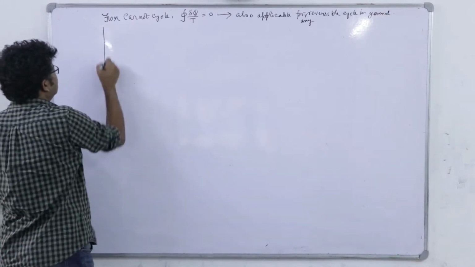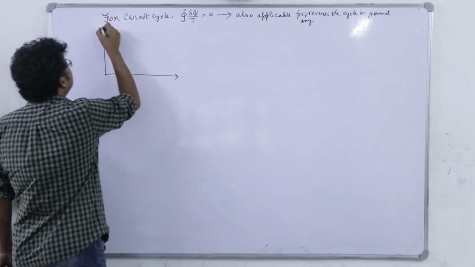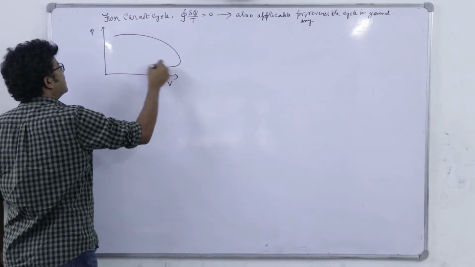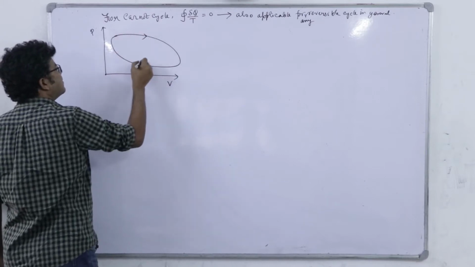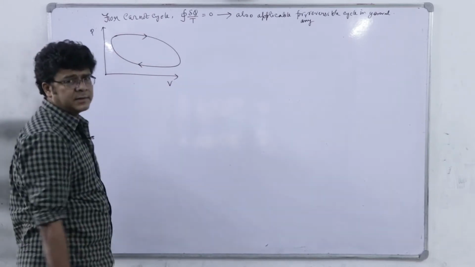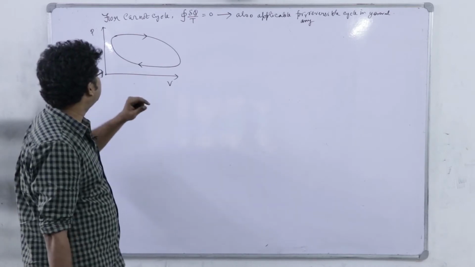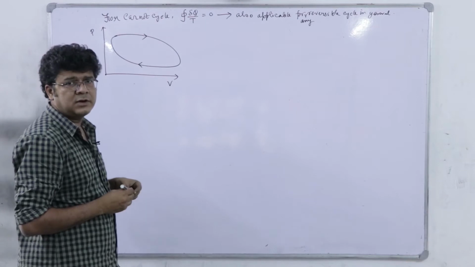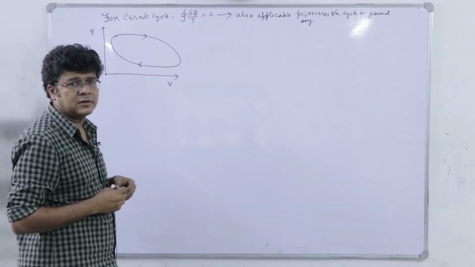So, let us think of a reversible cycle like this, right, with multiple reservoirs and all. Now, you see we have to break it down into a collection of very small Carnot cycles.